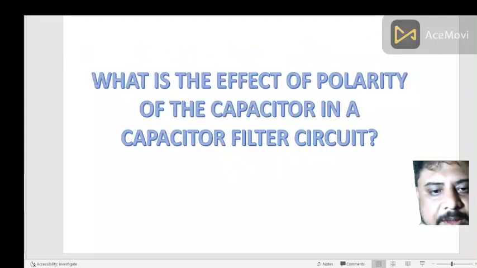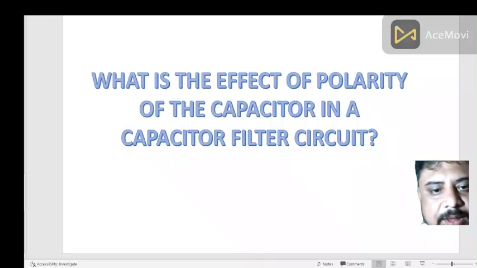Now one important concept is the effect of polarity of the capacitor in the capacitor filter circuit. Can you attach a capacitor filter according to your choice, or is there a condition for its polarity?